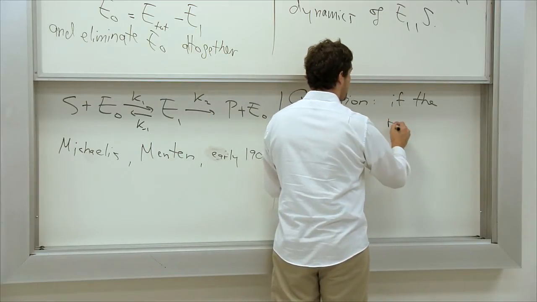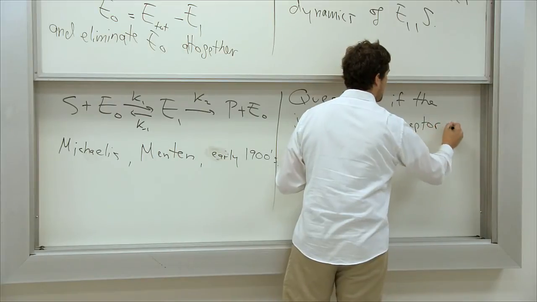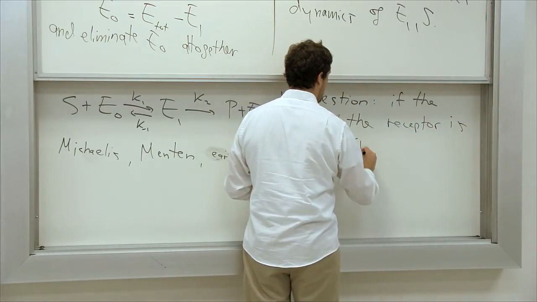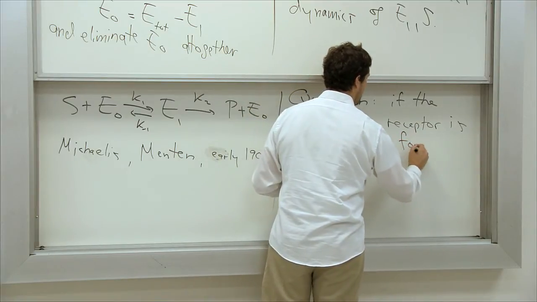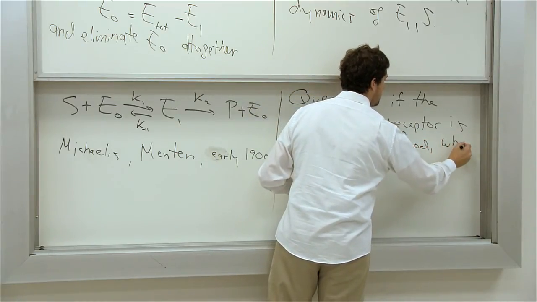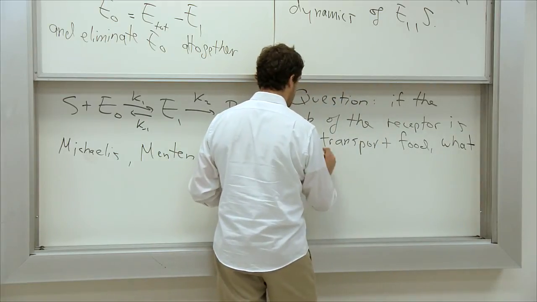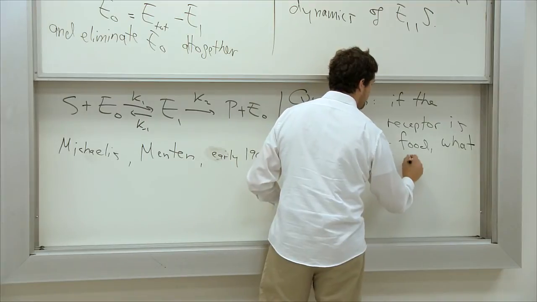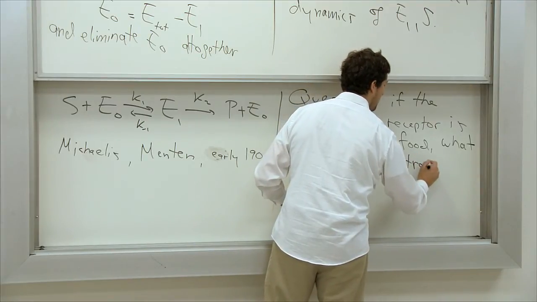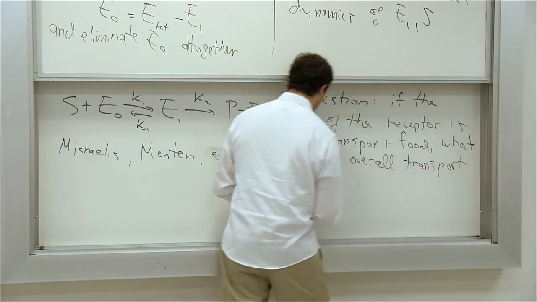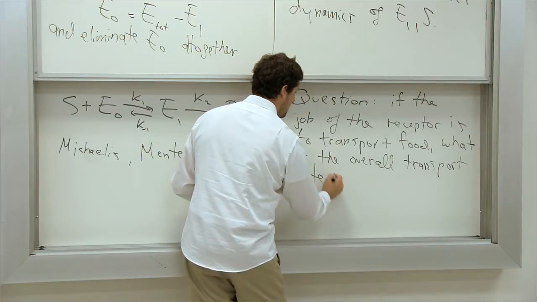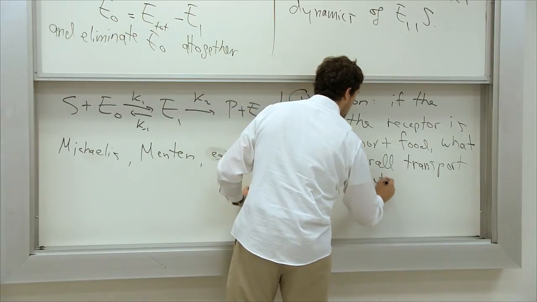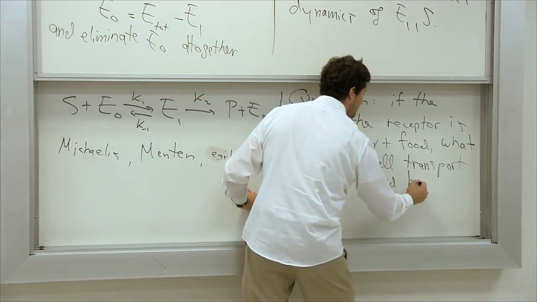If the job of the receptor is to transport food, what is the overall transport rate predicted by the model?